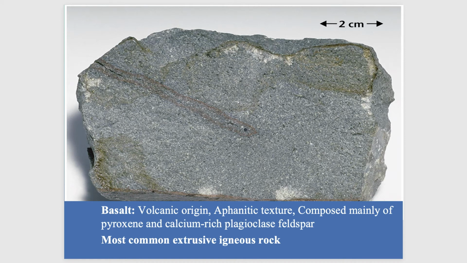The basalt has the same composition, but quite often you will not be able to see the mineralogy really well. So you need to enlarge or magnify the specimen with a hand lens, and then you will be in a position in which you can see some of the plagioclase as well as some of the pyroxene that is present.